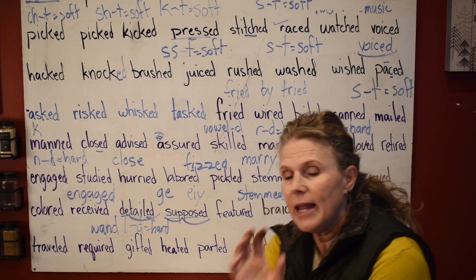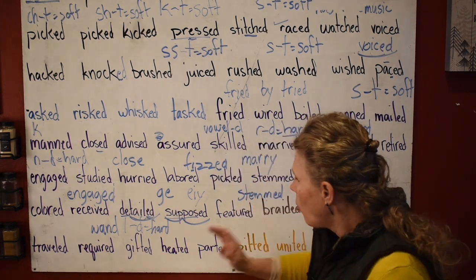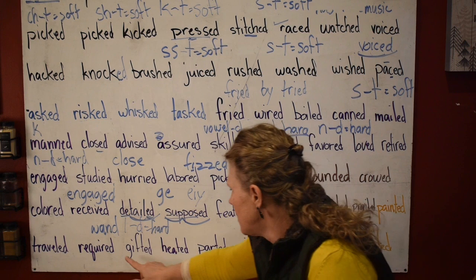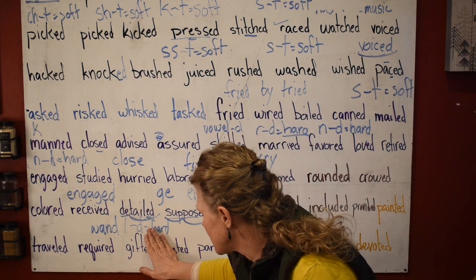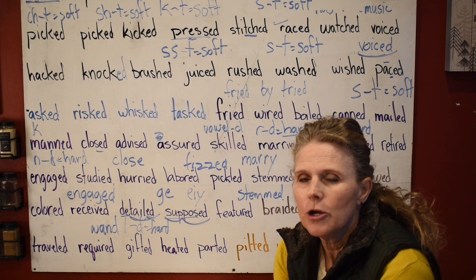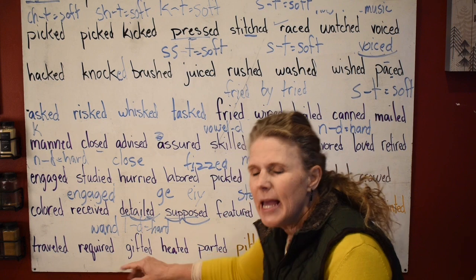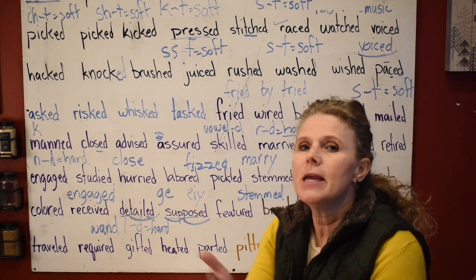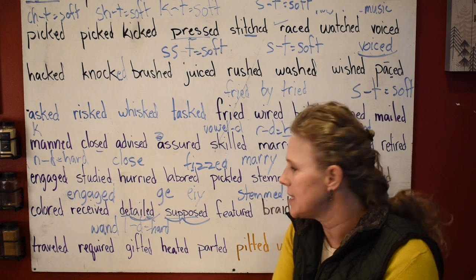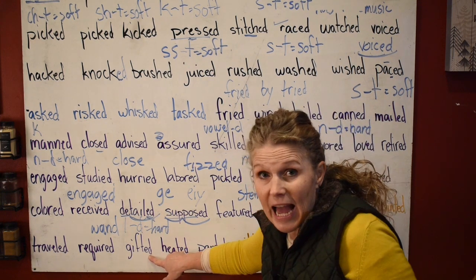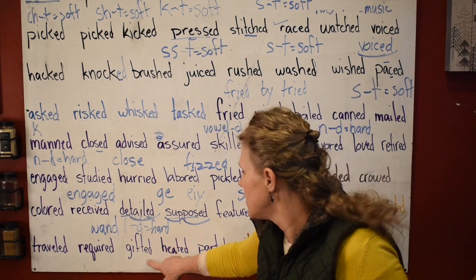Required. Now this is really fun. When you have a base word, gift is your base word, you can really hear your suffix ed on here. Because look, it ends in a T. Any of your base words that end in a T, you're going to have your suffix actually say ed or id. Gifted.